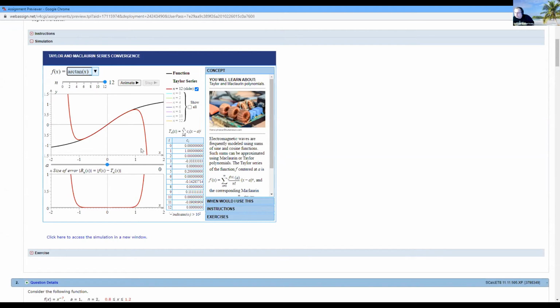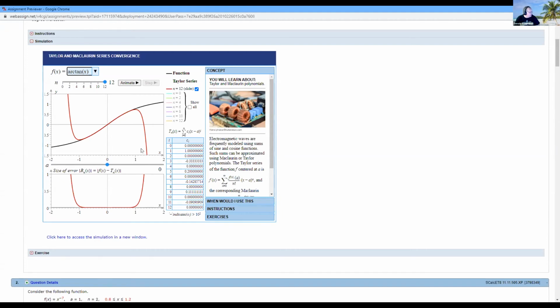You can only use it if x is between -1 and 1. Last one. Since every function in the universe can be written as a power series, some poor functions can be written as a power series, but only have an interval of convergence of x equals 0, which basically means their power series is useless.